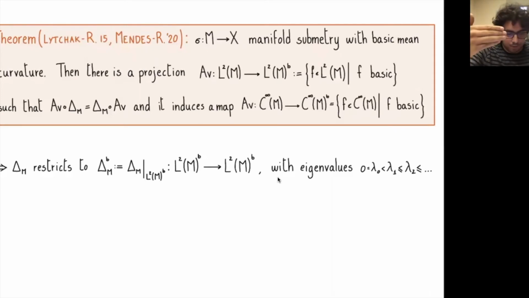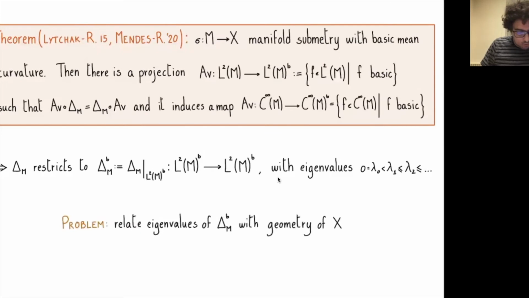And what happens is that you have a spectrum for this Laplacian, which is a subset of the spectrum of the actual Laplacian. So now you have this operator here, which has its own eigenvalues, a subset of all the eigenvalues of the Laplacian, and it has its own eigenbasis, which is again a subset of a basis of eigenfunctions for the original Laplacian.